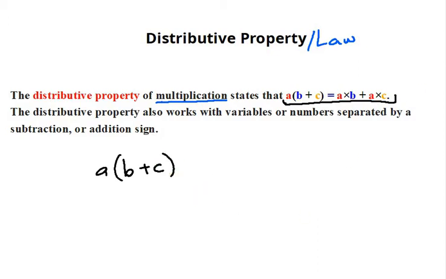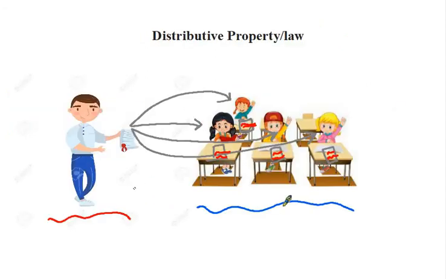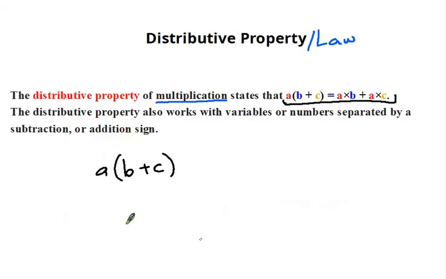Alright. Based on the explanation right here, the teacher hands a paper to each student. In this case, consider the A as being the teacher, and consider the B and the C as being students.